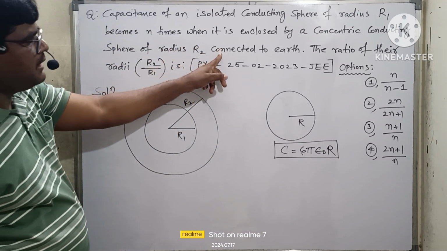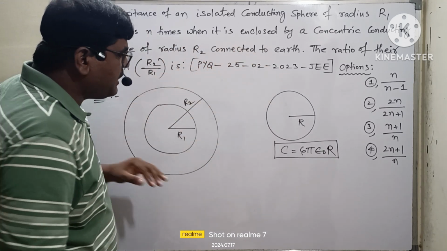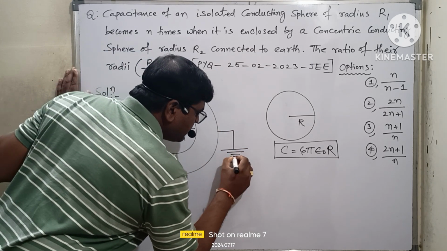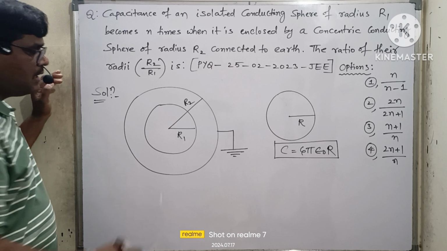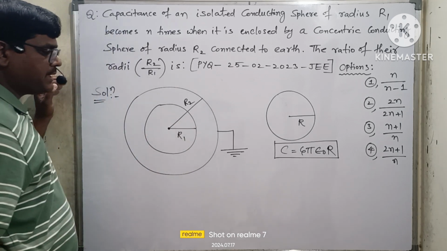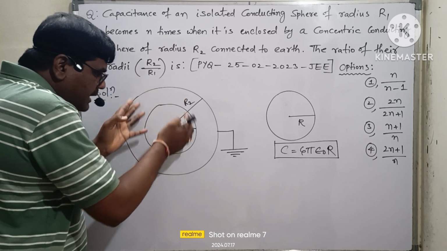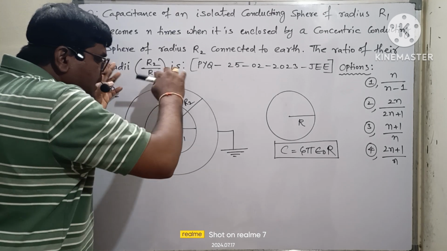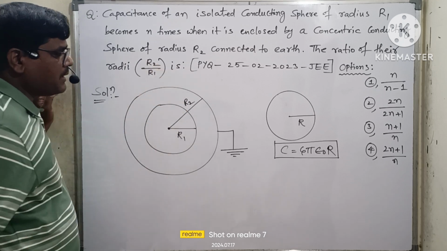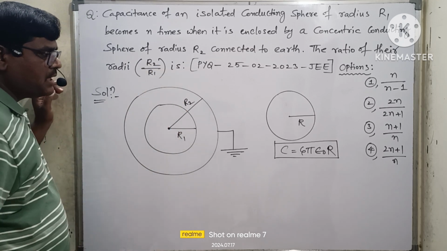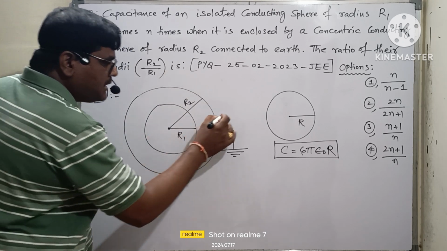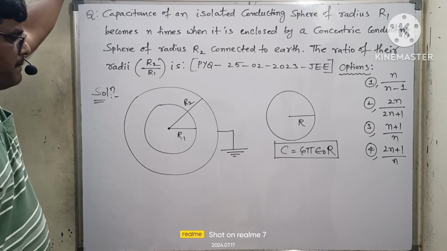One more thing is also given: R2 is connected to the earth. The radius of the first isolated conductor is R1. This isolated conductor is enclosed in another conducting sphere of radius R2. Now this second sphere is connected to the earth.